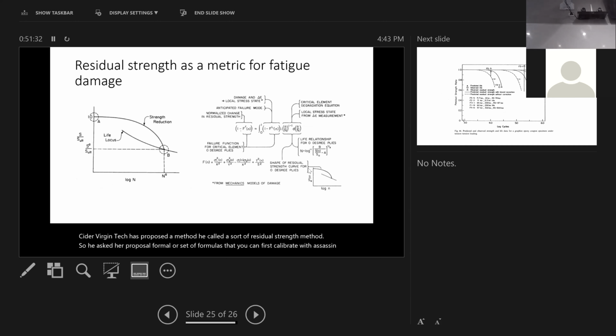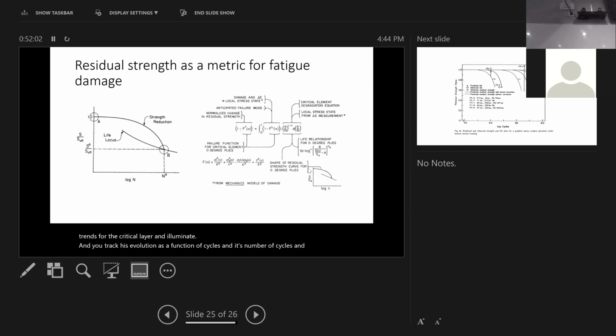You can then apply this formalism to arbitrary laminates. So the key parameter this code tracks is something called a residual strength. So you assign a residual strength for the critical layer in the laminate, and you track its evolution as a function of the number of cycles.